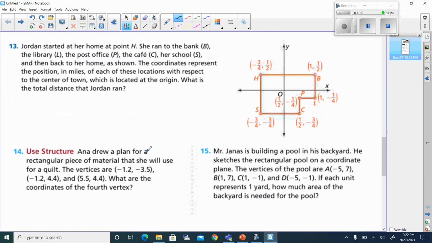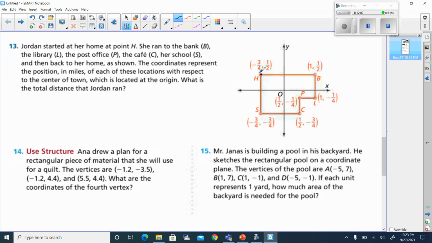Number 13 says Jordan started at her home at point H. All right, point H is over here. And it says she ran to the bank at point B, the library, point L, to the post office, point P, to the cafe at point C, to her school, point S, and then back home.